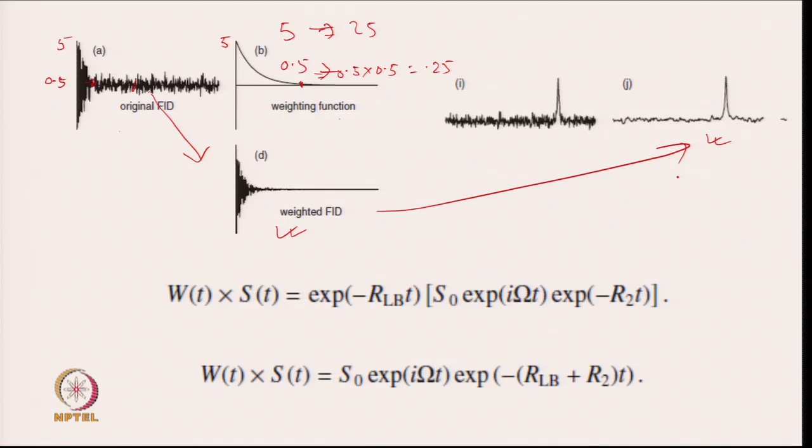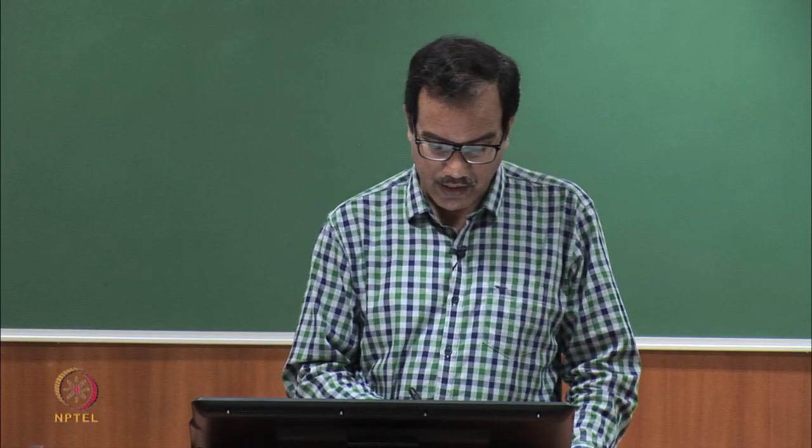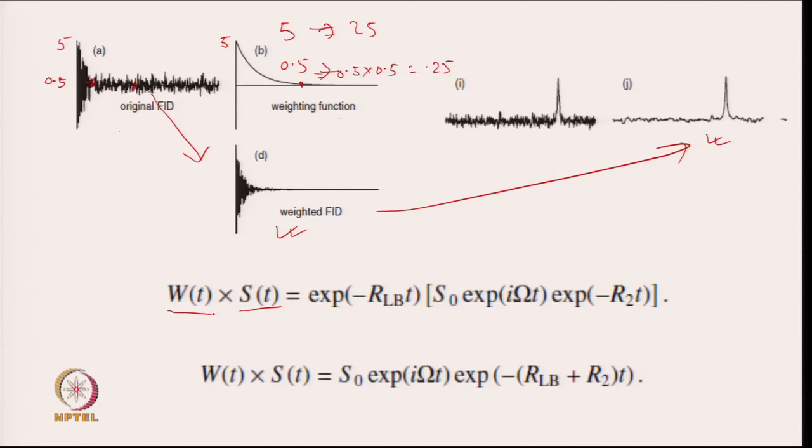So, in a mathematical sense, what you are doing is multiplying this signal by a weighing function. This is your weighing function and this is your signal. When you do that, you get S naught into exponential epsilon t, exponential minus RLB plus R2 into T. So, now your decay is not only by R2, it will be the sum of RLB plus R2. So, the signal will decay very fast.